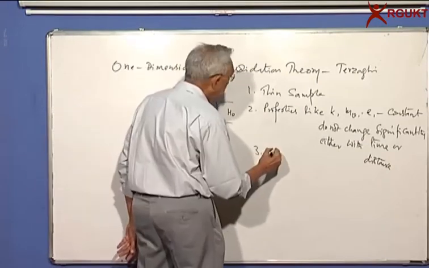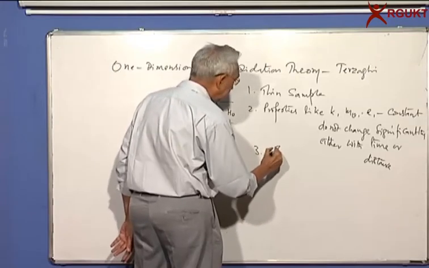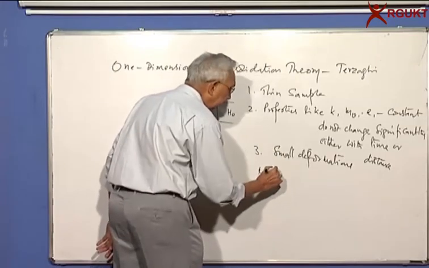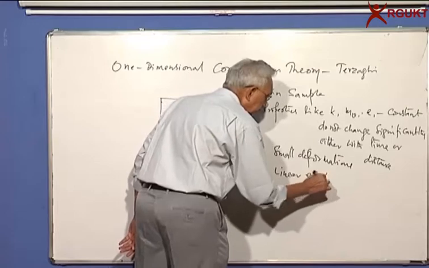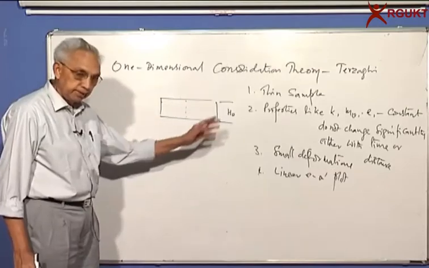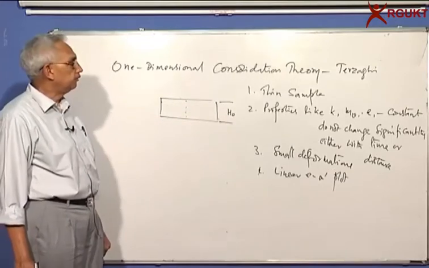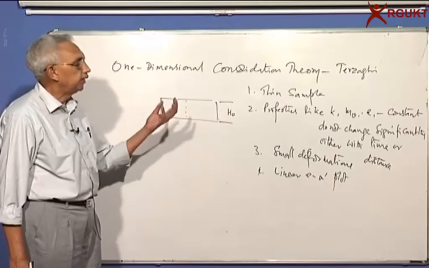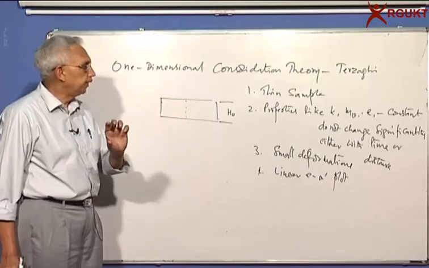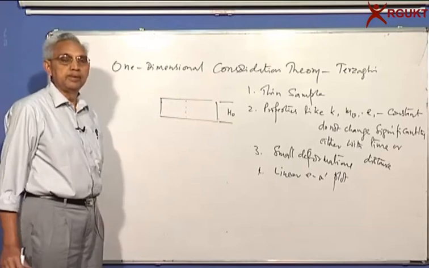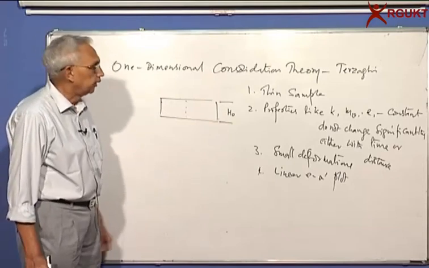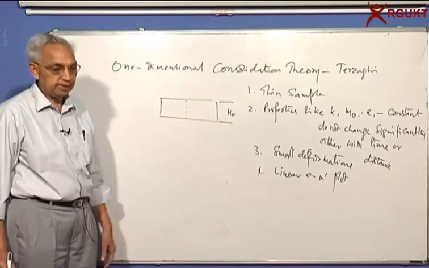Third, the sample is thin, small deformations. Fourth, linear e-sigma plot, etc. You can write a series of assumptions, but basically it is a simple theory with some assumptions to make it convenient for us to analyze.